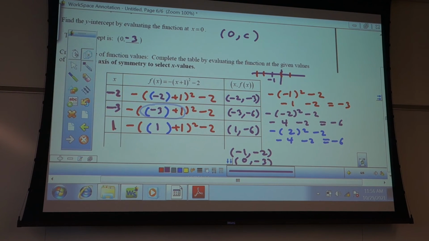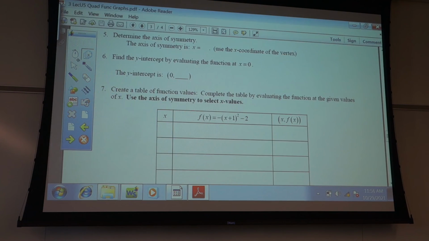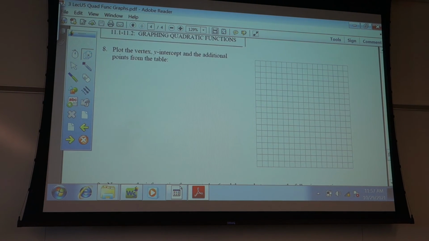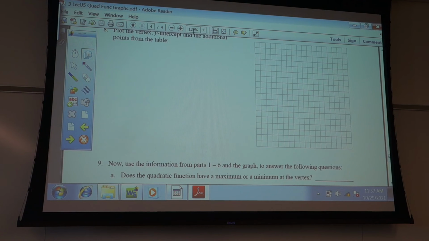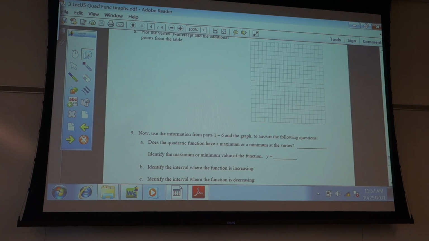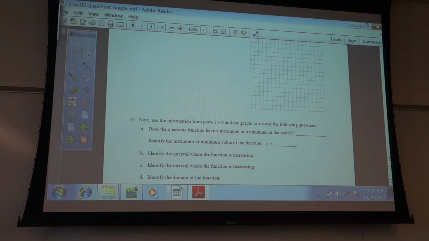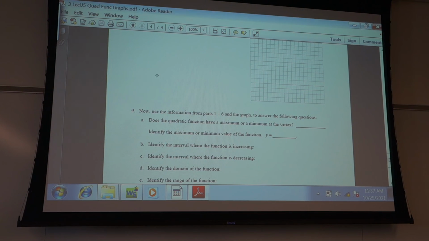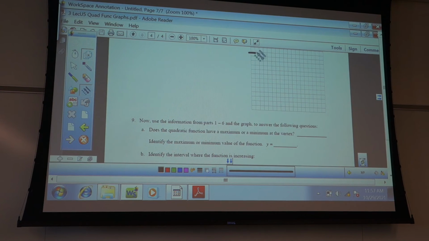And we're going to graph them. And we have our points.